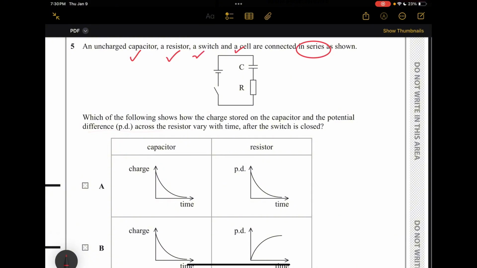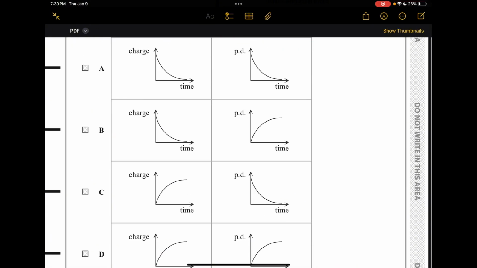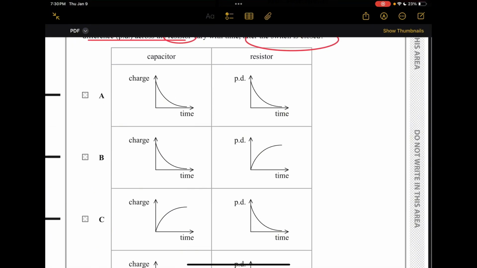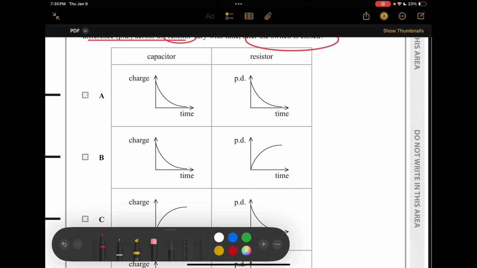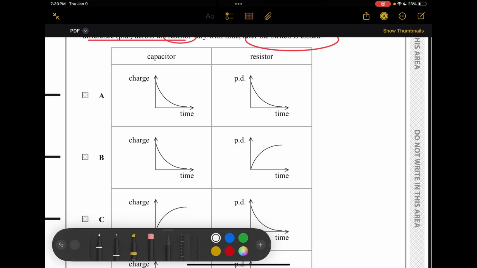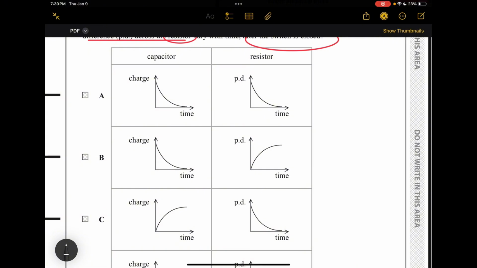So basically, in the options they have given us, the first option is not our answer because here the charge is not increasing. B cannot be our answer as well.